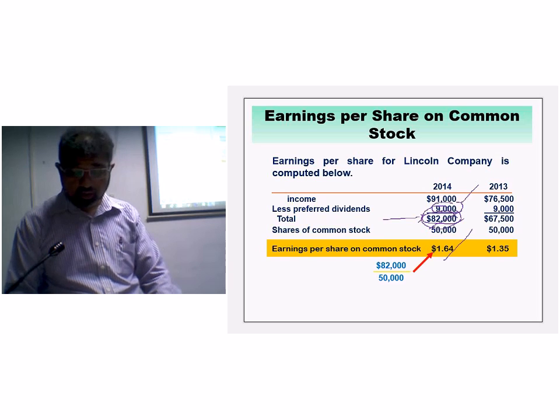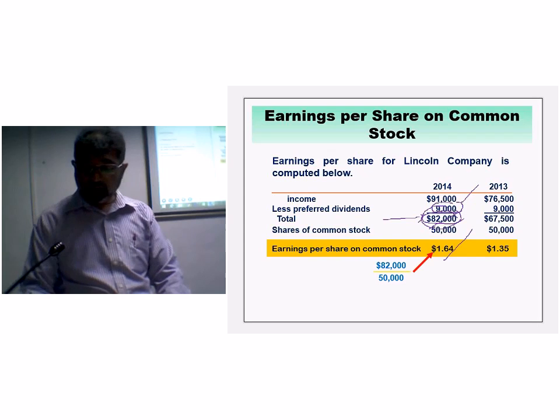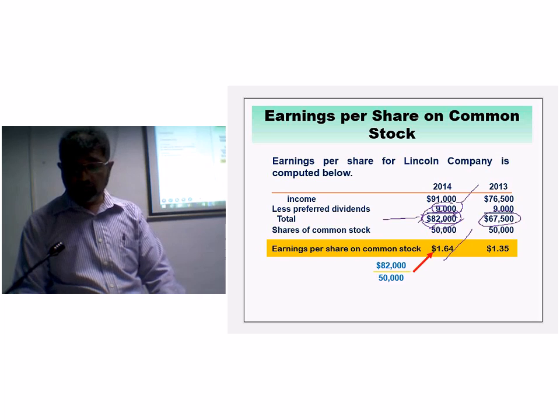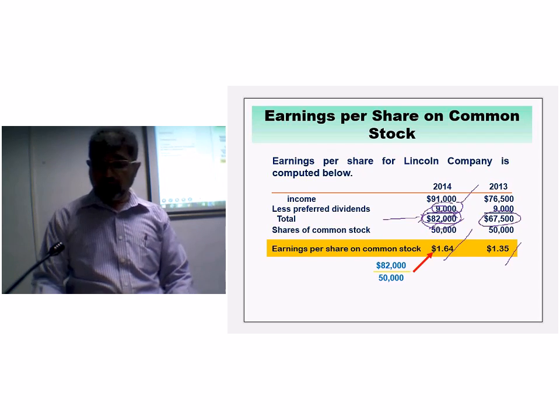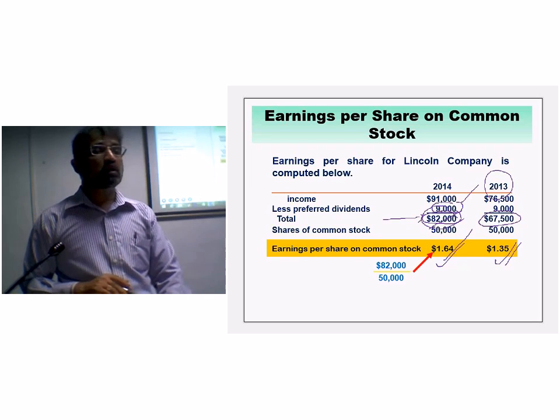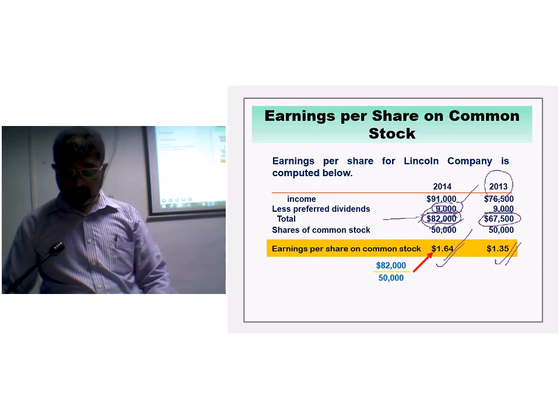Then earning per share is 1.64. Right. Similarly, you can compute here profit for the equity shareholders 67,500 divided by 50,000. Your answer is 1.35. When compared with the previous year, you can see higher earning per share. Then we can see improvement of that particular ratio.